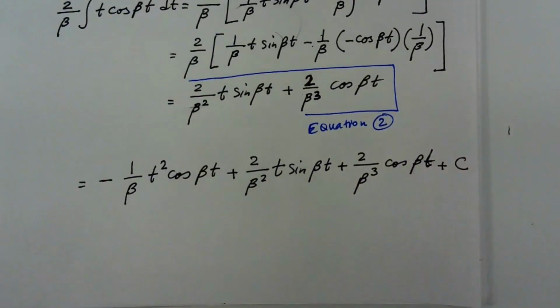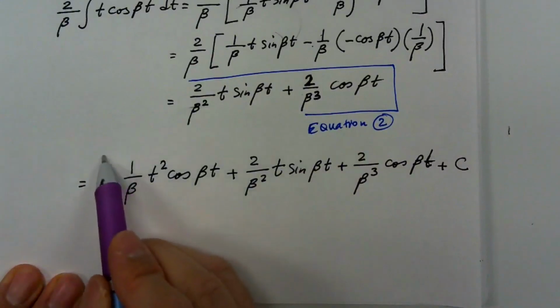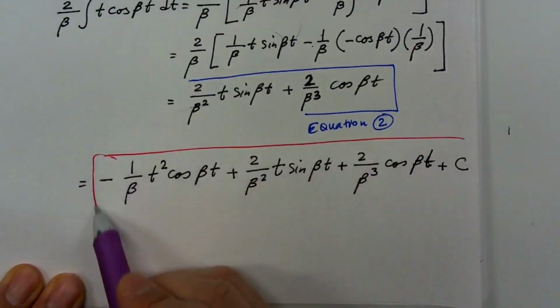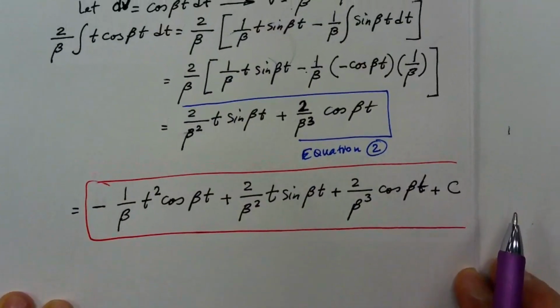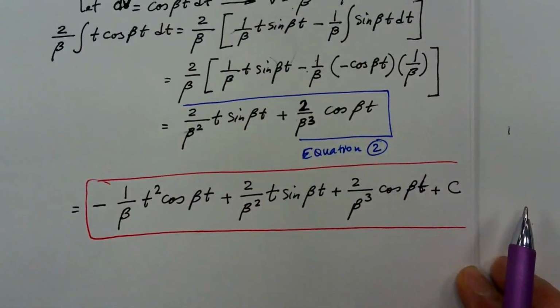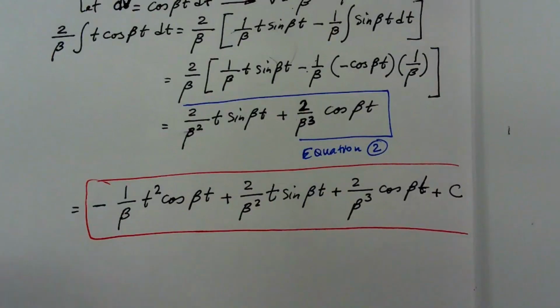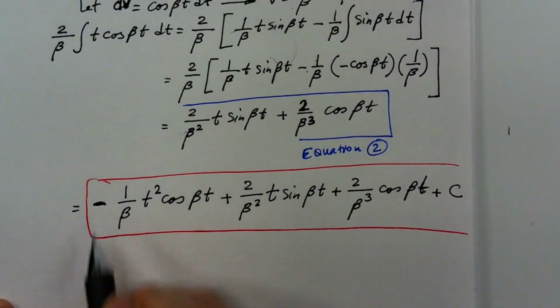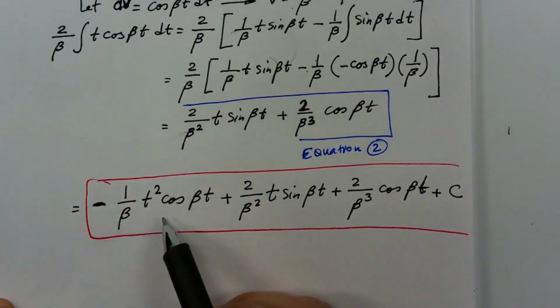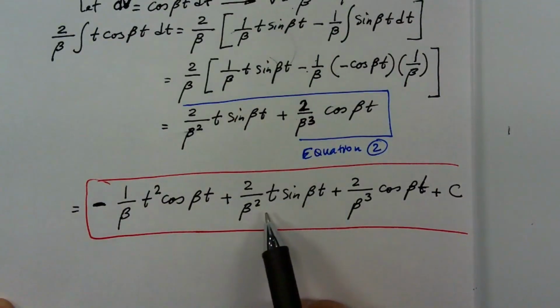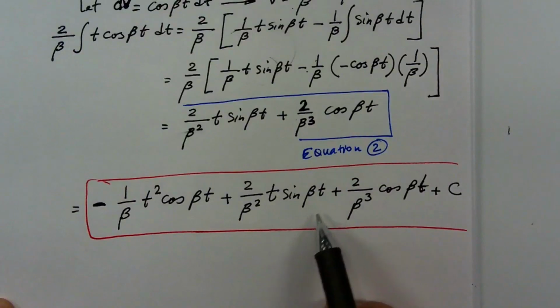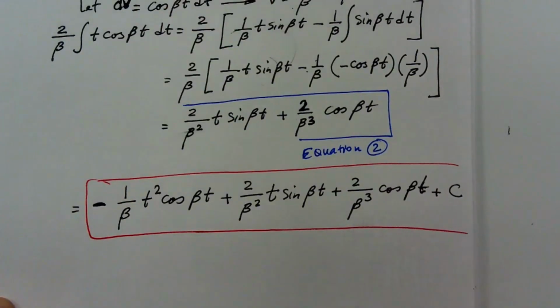Okay, so all of that. Let me box this. So that's basically the final answer for us. Here we have the minus with dt, everything looks good.